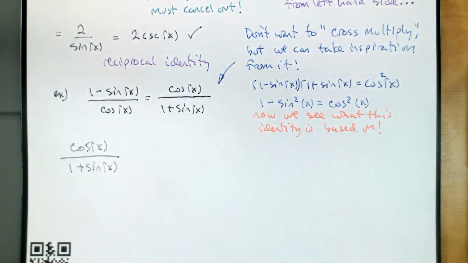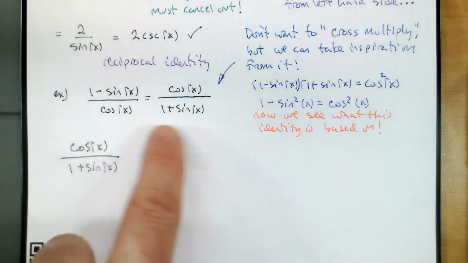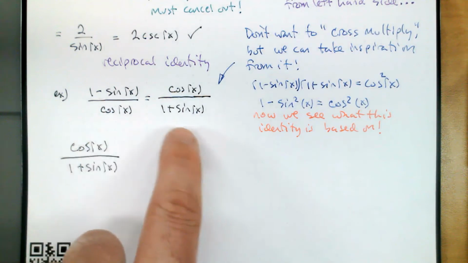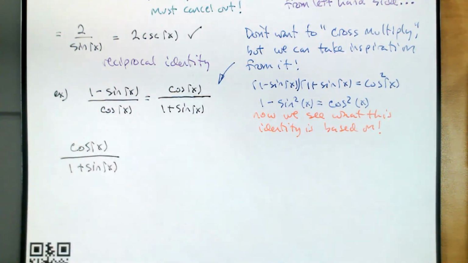And we're going to do the great trick of mathematics. We're going to multiply by 1 as if we were adding fractions. If I think about these two as the two denominators, my lowest common denominator is cosine and 1 plus sine. In cross multiplication, that's the LCD that we would be multiplying by.